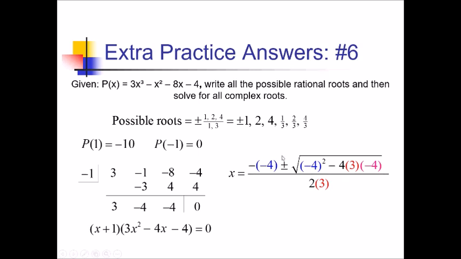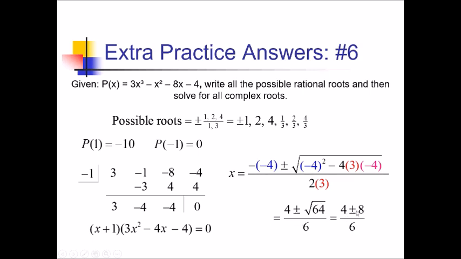Simplifying this a bit, we've got positive 4 there, and then this is going to be 16, and this next bit of stuff here, that's positive 48. 16 plus 48 is 64, so we have the square root of 64, and then down below we've got 6. And we can go a little bit further because we know the square root of 64 is just 8.